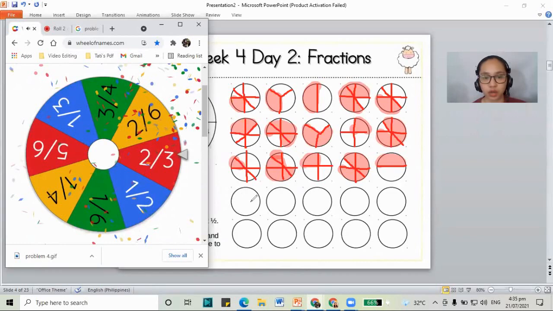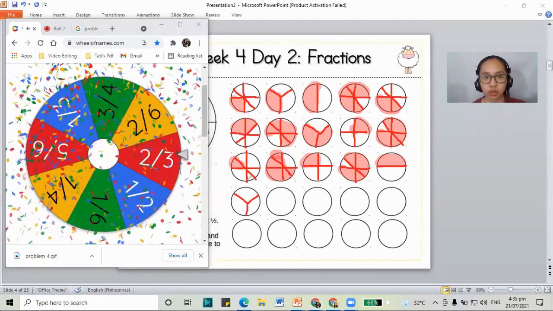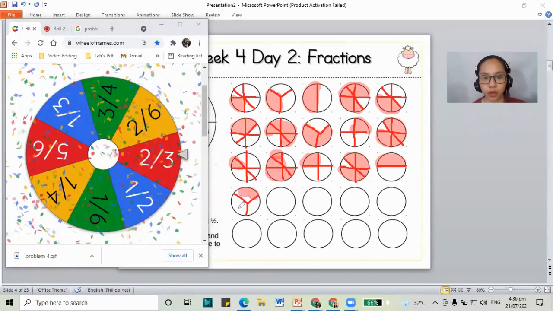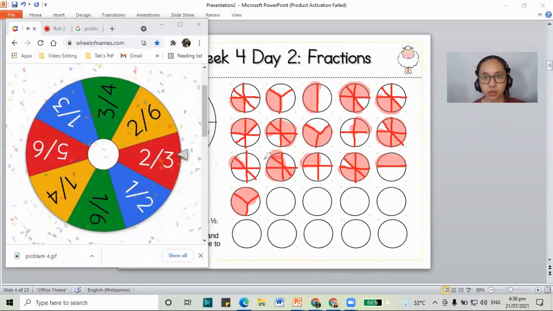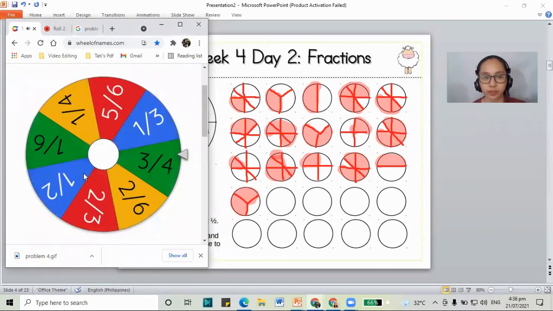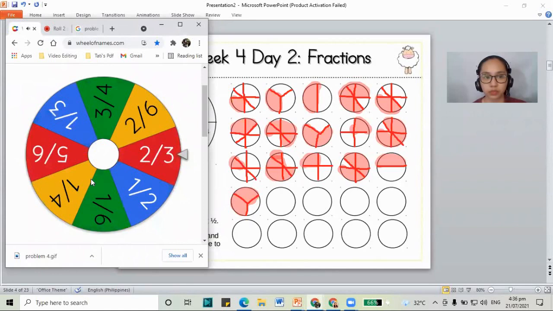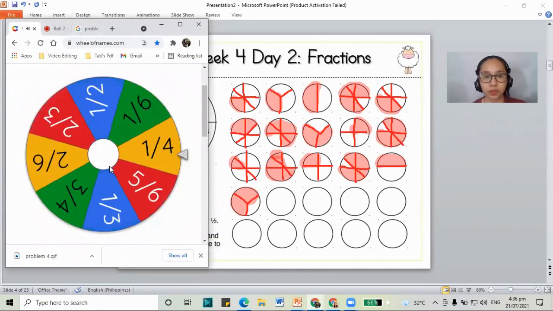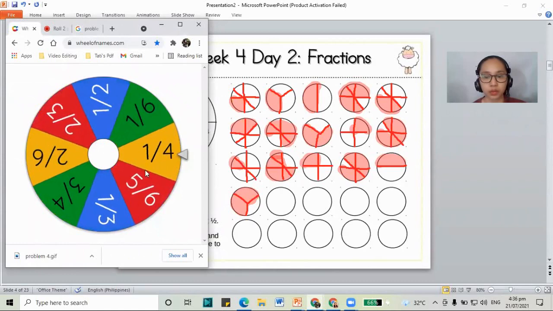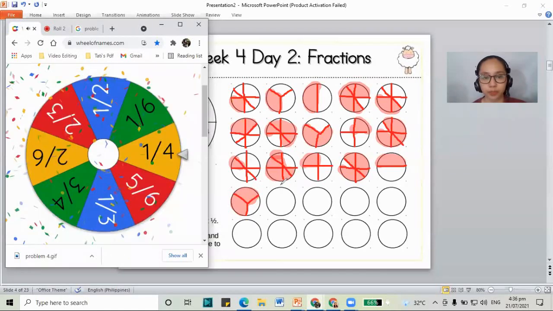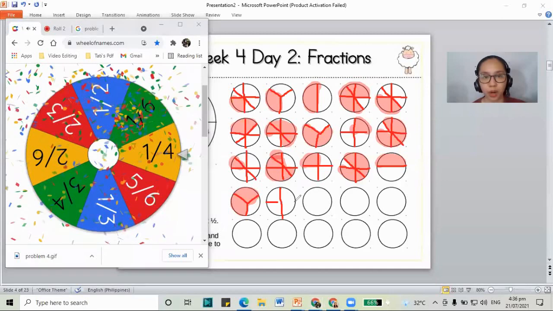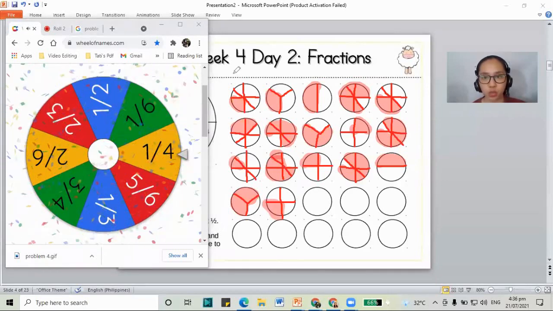2/3. There are 3 parts and you color 2 of the parts to get 2/3. Another one. You have 1/4. 4 parts and you color 1 of the slices, 1/4.